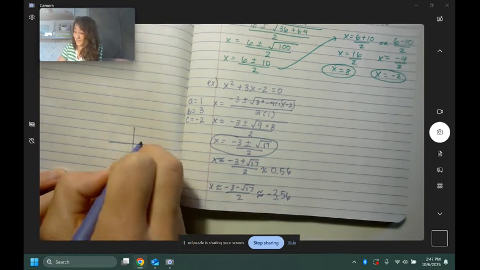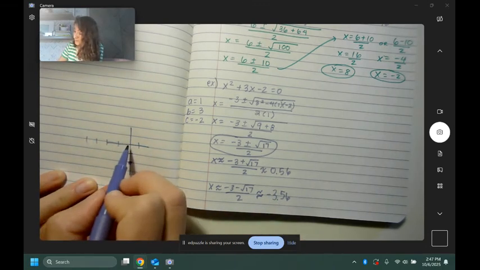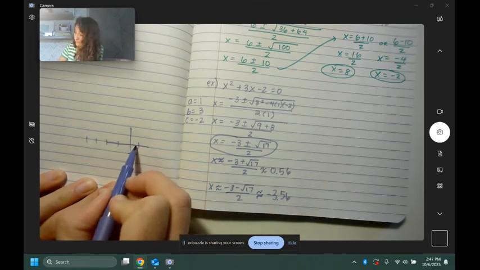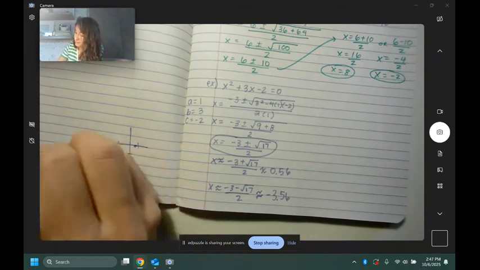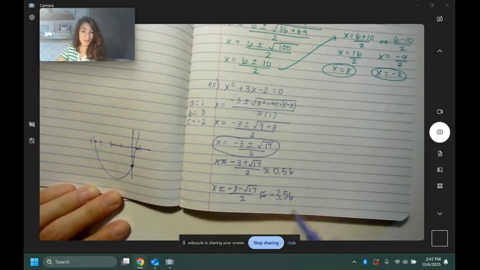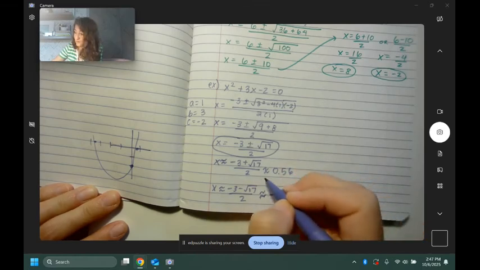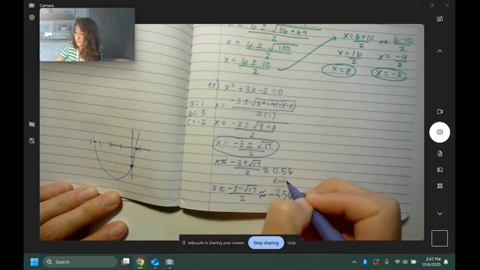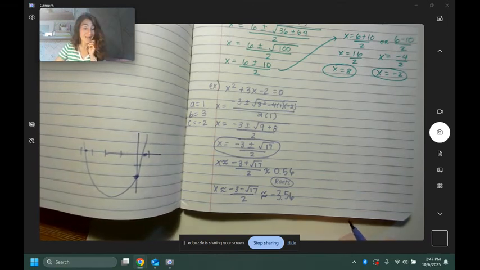It's going to tell me that roughly my roots are going to be positive 0.5-ish and negative 3.5-ish. So it kind of tells me a little bit about what the parabola is going to look like. That's what these really are. They're roots. They're x-intercepts. They're zeros. Okay.